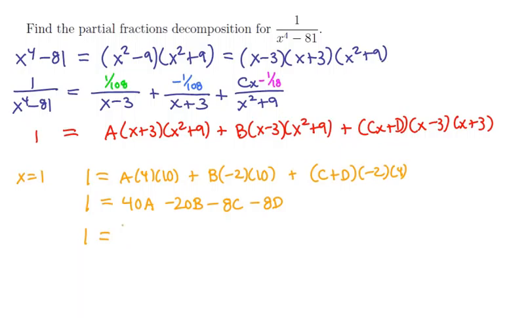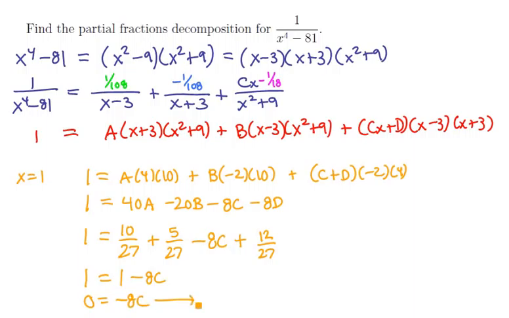This gets us 1 is equal to 40 1/108ths minus negative 20 1/108ths minus 8C minus 8/18ths. That's 4/9, but it would be better to write it in terms of 27ths, so let's write that as 12 27ths. What we find is we have 1 is equal to 1 minus 8C, which means that C is equal to 0. That's a little anticlimactic, but you never quite know what you're going to get, so we can eliminate this term entirely.